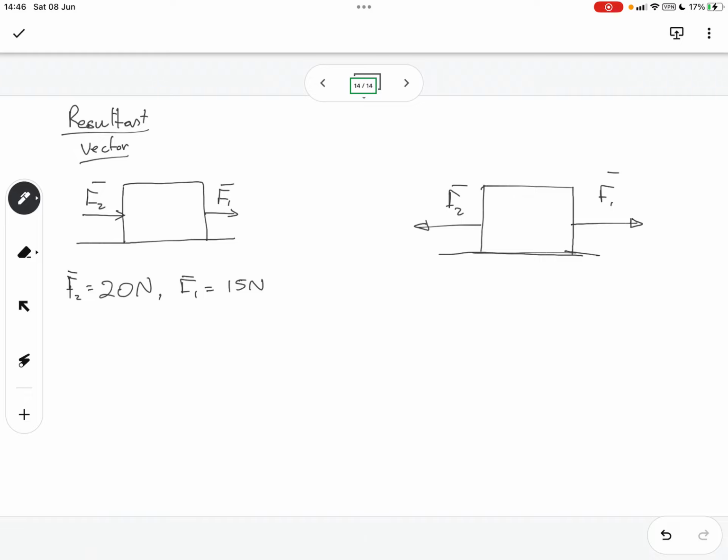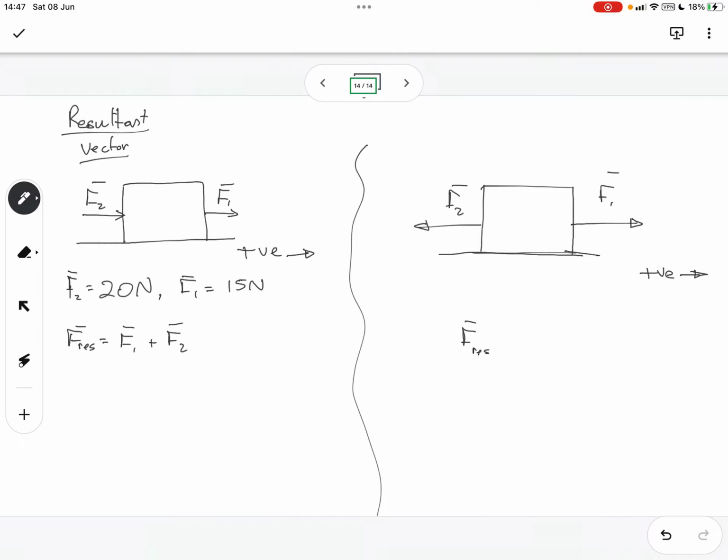So we'll just say F1, F2. And for some reason, F2 is given as 20 Newton and F1 is 15 Newton. And to the right, we regard as positive.